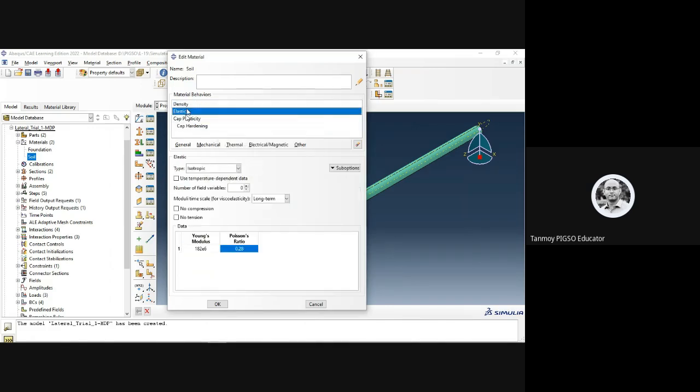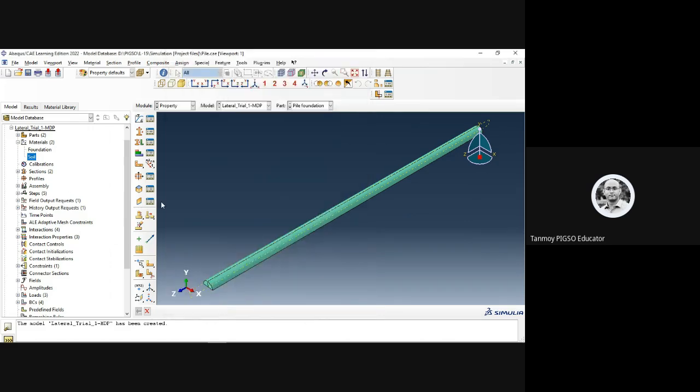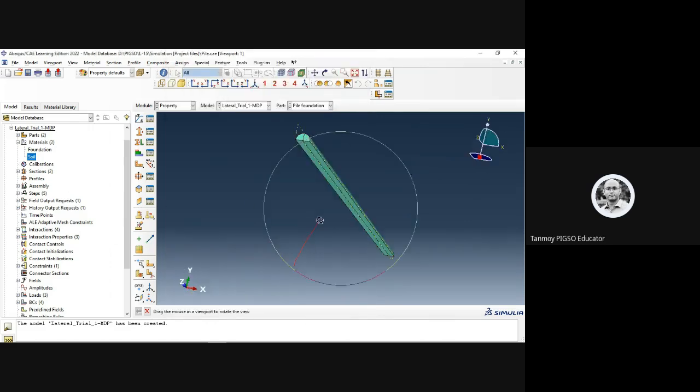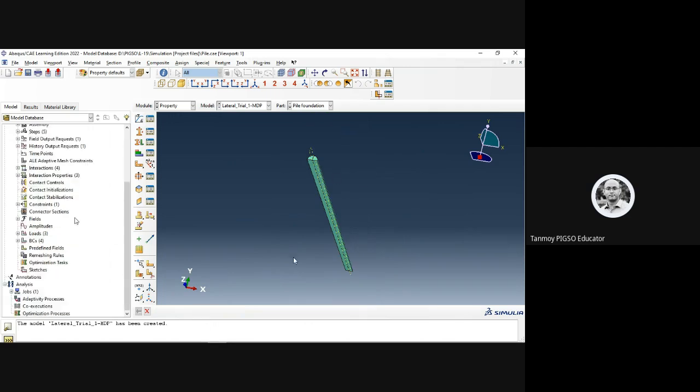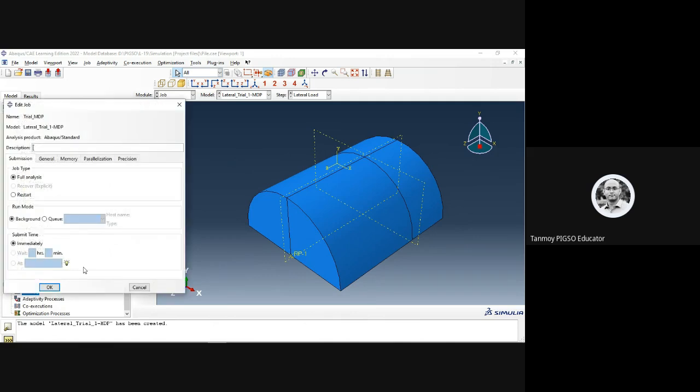Density has been used, modulus of elasticity, cap plasticity, cap hardening, everything has been used, and the soil has already been assigned. So I'll create a new job, Trial, and continue.